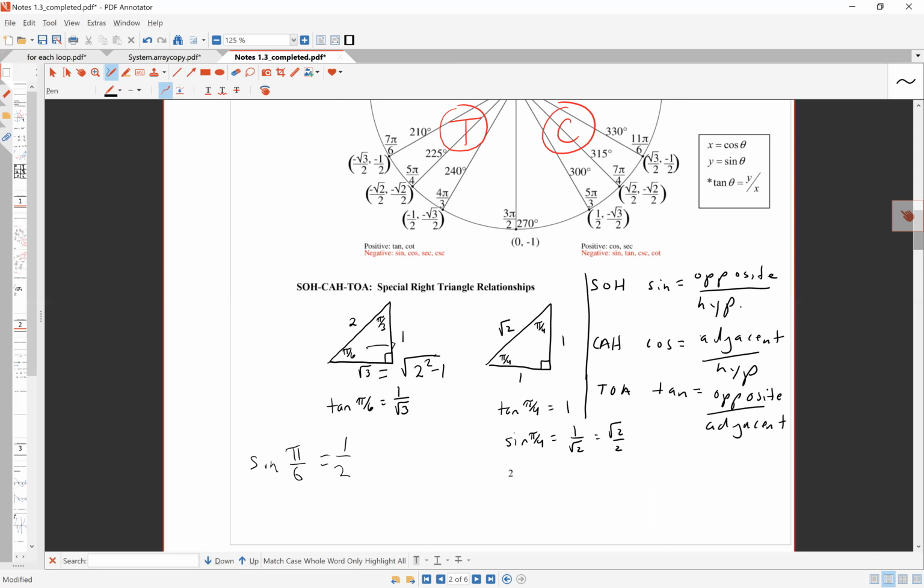For the tangent of pi over 4, the opposite is 1 and the adjacent is 1, so the tangent of pi over 4 is 1. In this case, sine, opposite over hypotenuse, is 1 over the square root of 2. Then you can rationalize the denominator and get square root of 2 over 2.